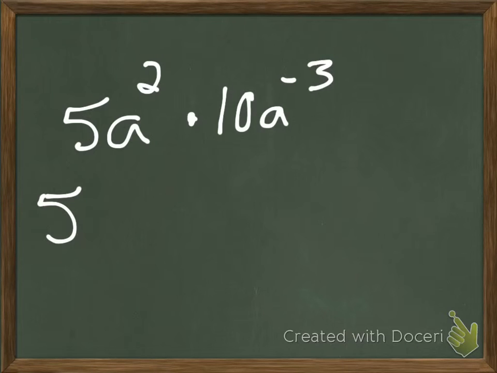How many A's? 5 times A times A. Good. Then what am I going to write after that, Kendra? Times 10. Good.